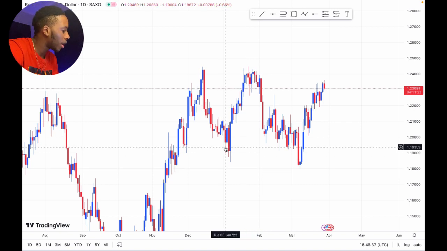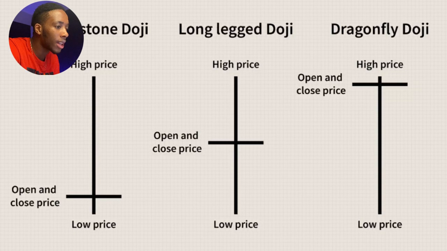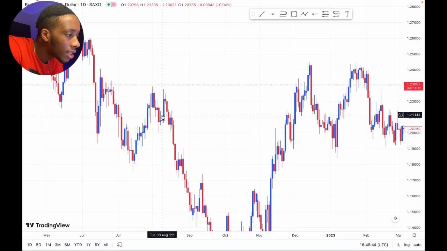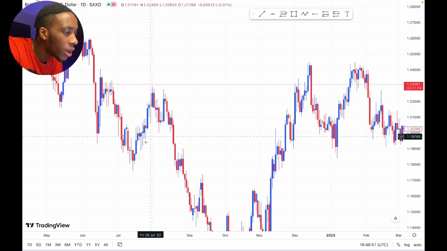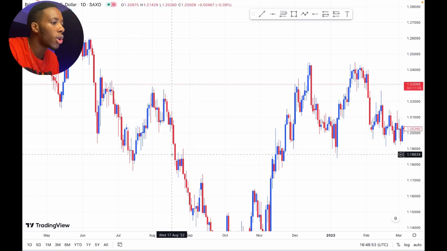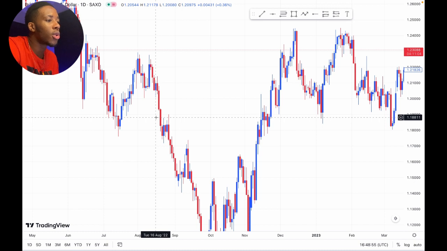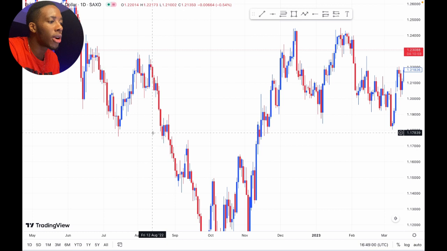So the second one is a doji. A doji is something like this candle right here, right? This is basically a doji, and as you can see, it's this one, this one, and this one. The characteristic of a doji is a candlestick which has a slim body but very long wicks, whether to the upside or the downside, it doesn't really matter, it just has long wicks and a small body.